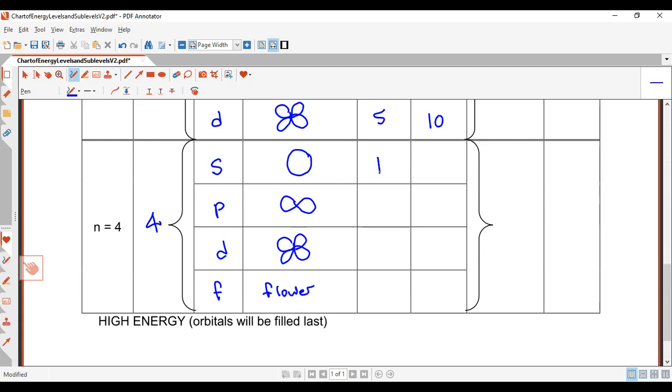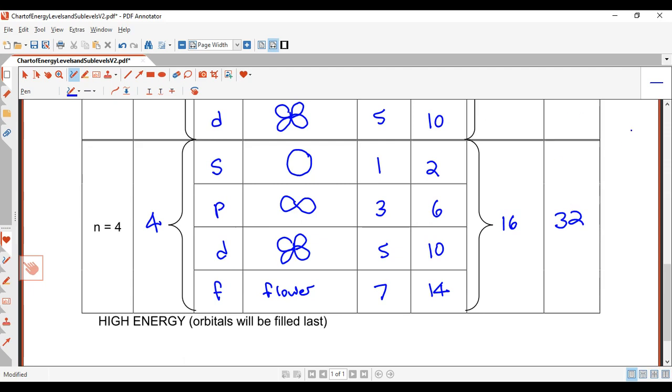This one has 1 orbital, 3, 5, and 7. Notice we're still going up by 2 each time. We have 2 electrons with this one, 6, 10, and 14. The number of orbitals add up to 16. The number of electrons add up to 32.